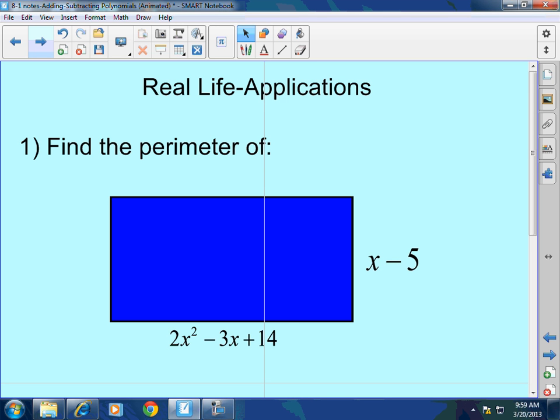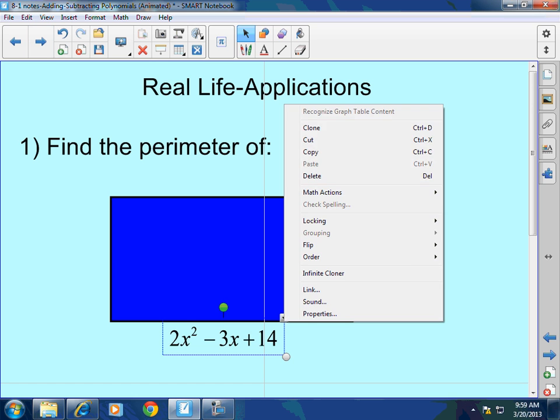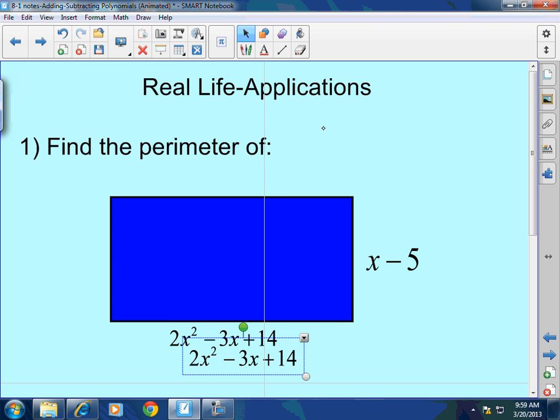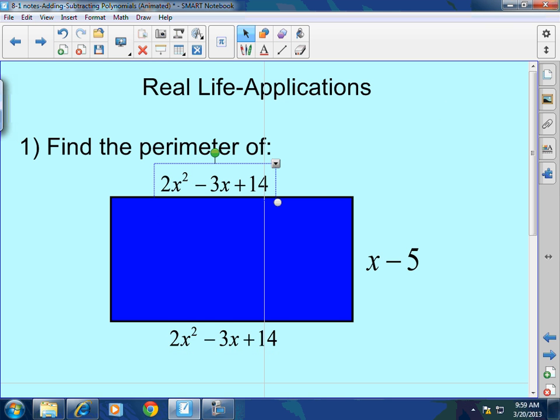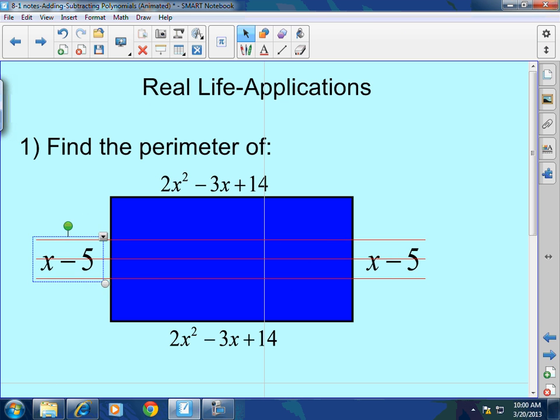So, if that is 2x squared minus 3x plus 14, what would the top be? Okay, so let's go ahead and clone that. If the width here, or the height, is x minus 5, the other side will also be x minus 5.